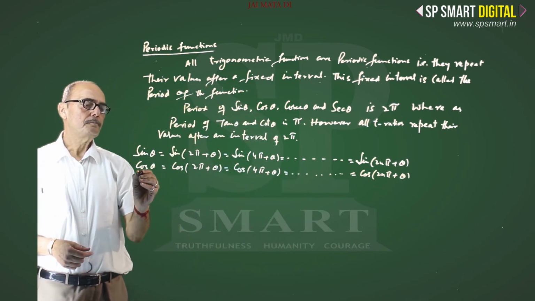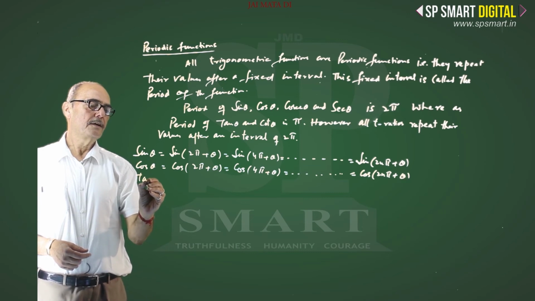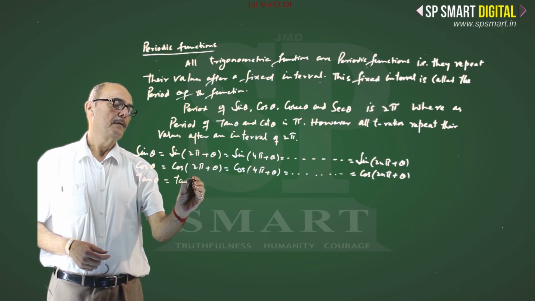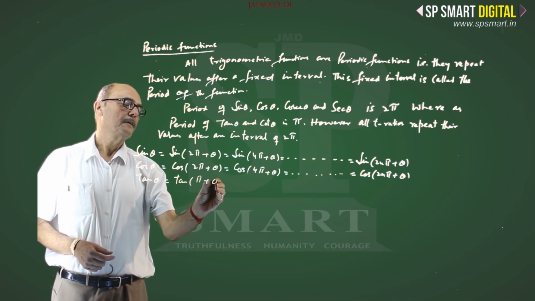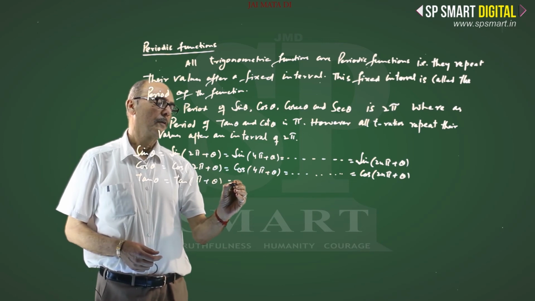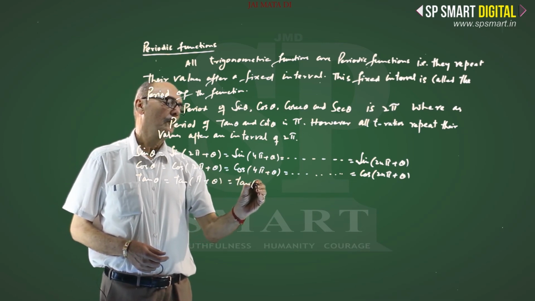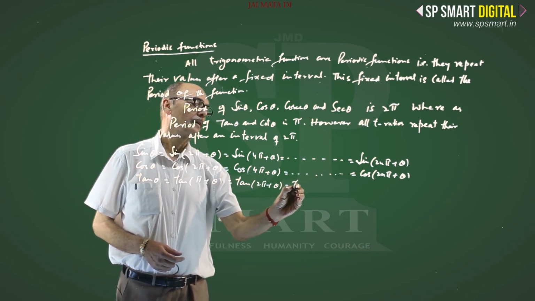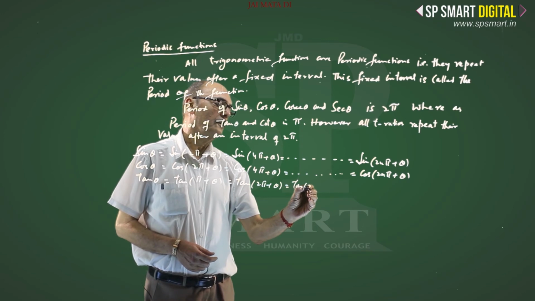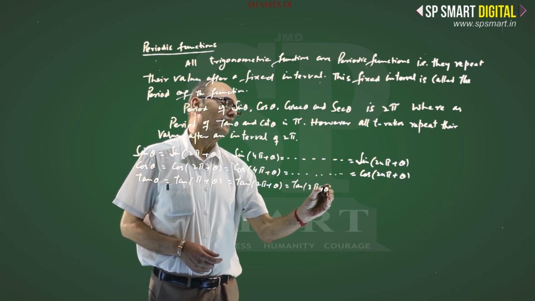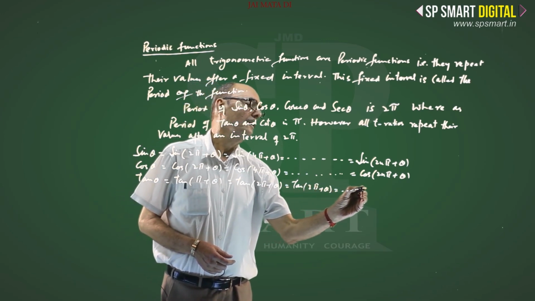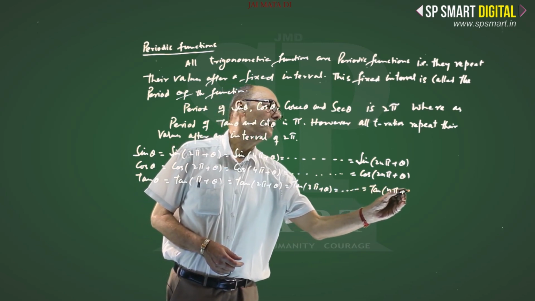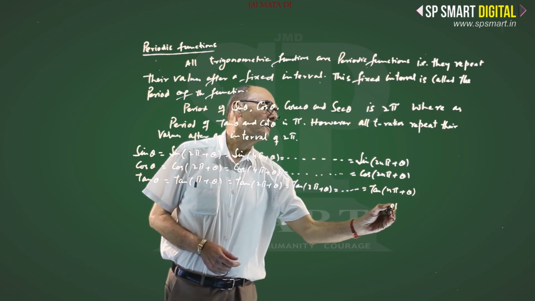Then tan theta equals tan of pi plus theta, tan of 2 pi plus theta, tan of 3 pi plus theta, and so on, tan of n pi plus theta, etc.